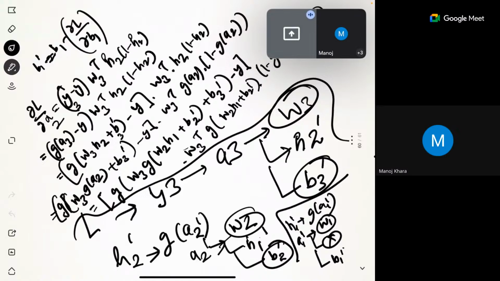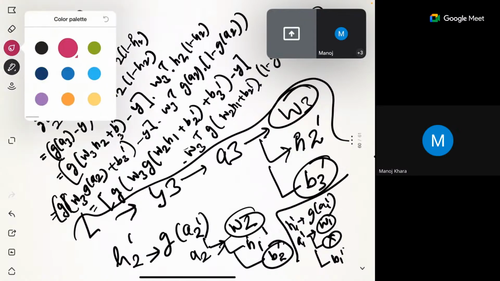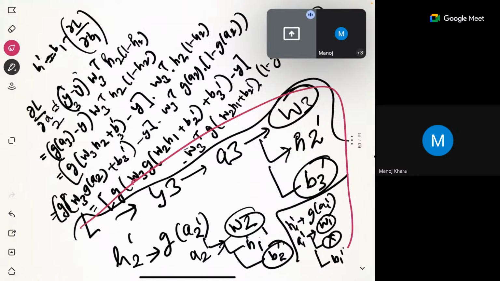Then I'm trying to figure out the loss function, which is here. I'll focus only on this red part to explain where I was getting stuck. Suppose I want to get the loss, I need y minus y3.